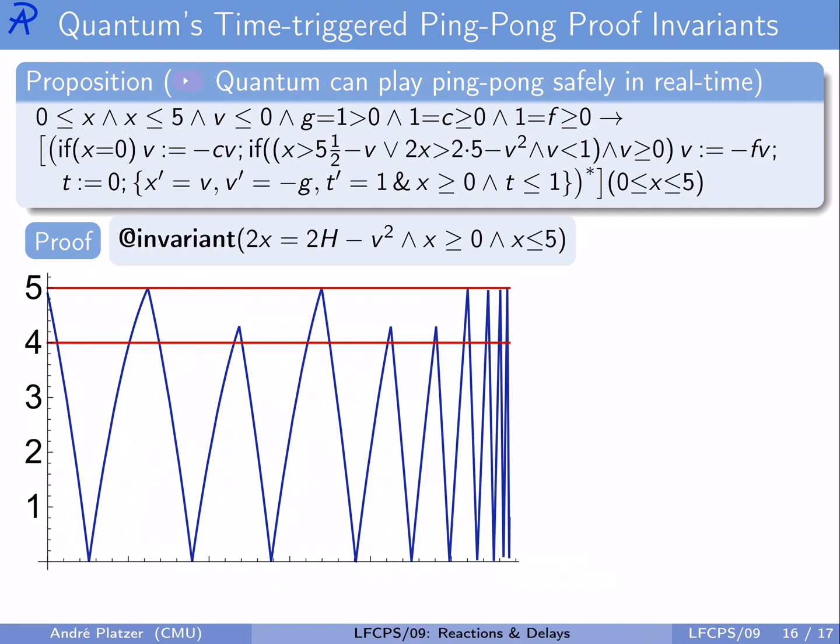And also, the time-triggered controller is preserving them. So we're using as a loop invariant, of course, the invariants from the bouncing ball, the free-flying phase, where 2 times the position equals 2 times the initial height minus velocity squared, and we're above ground. And the only extra thing we need to know is that we're also below height 5, which of course indirectly imposes constraints on these things.